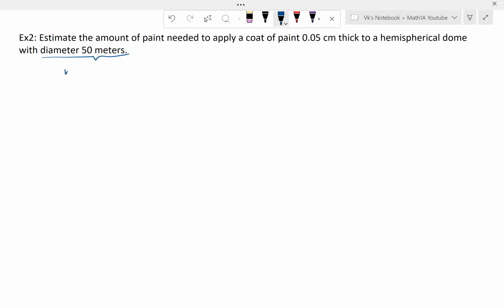So here, the radius is half of 50, just 25 meters. The dr, 0.05 centimeter. Well, the unit of the radius is in meters, so we have to convert it to meters. Just 0.0005 meter.